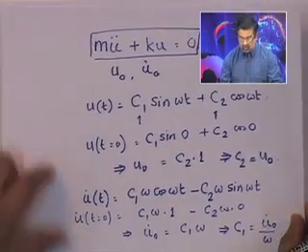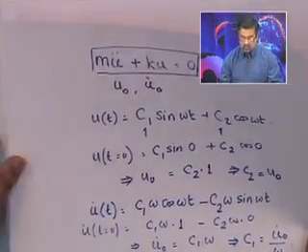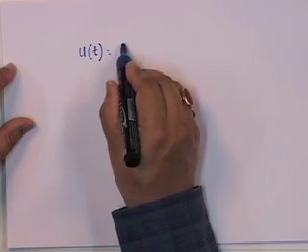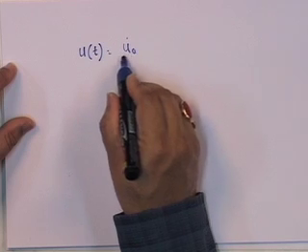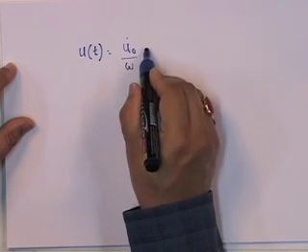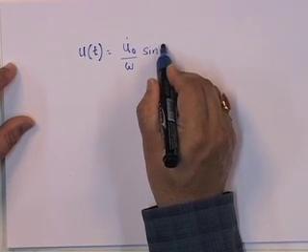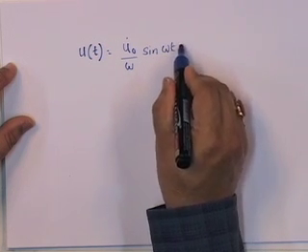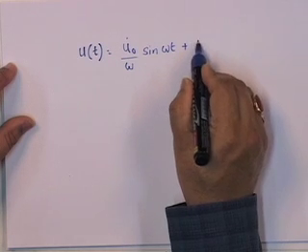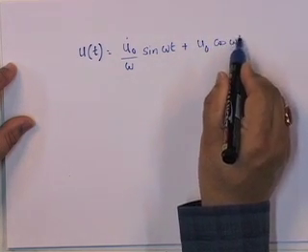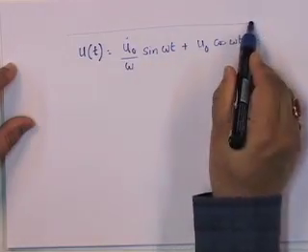And therefore, the final solution to this equation turns out to be u of t is equal to u dot 0 upon omega sin omega t plus u0 cosine omega t.